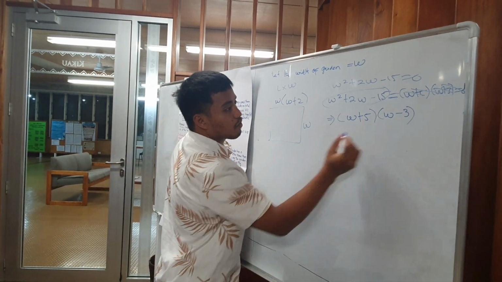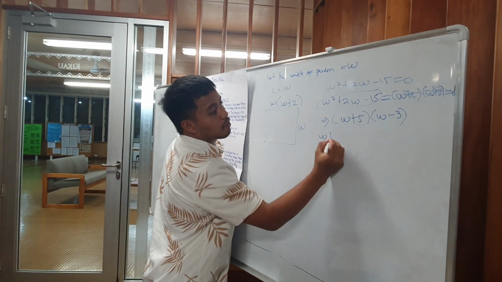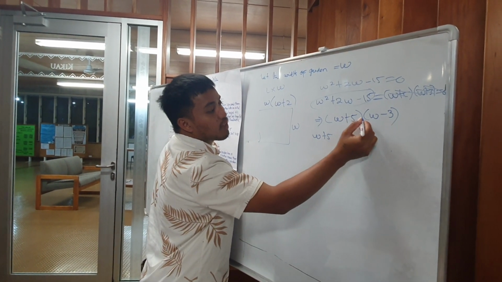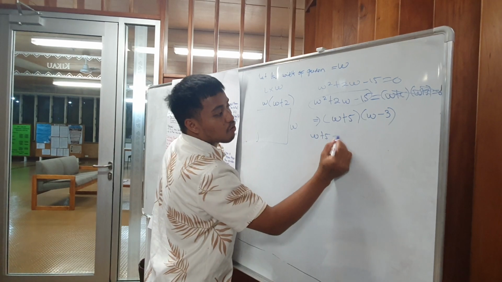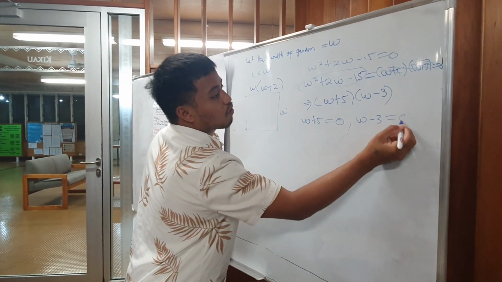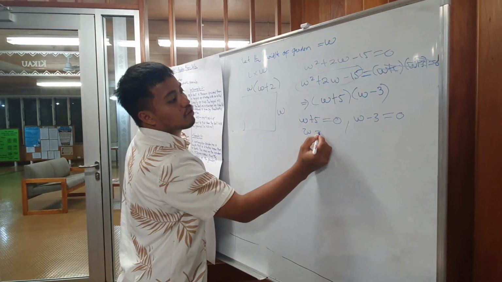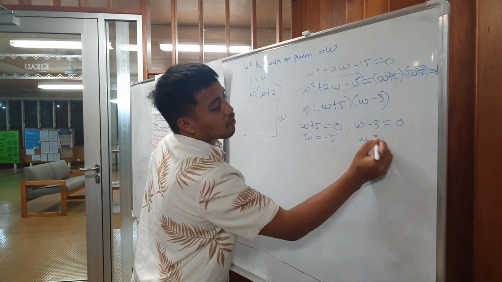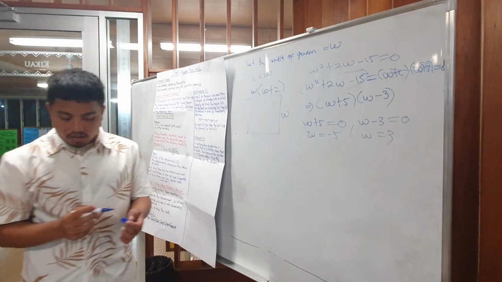So you make W the subject. You equate each factor to 0, so W is equal to -5 and W is equal to +3.